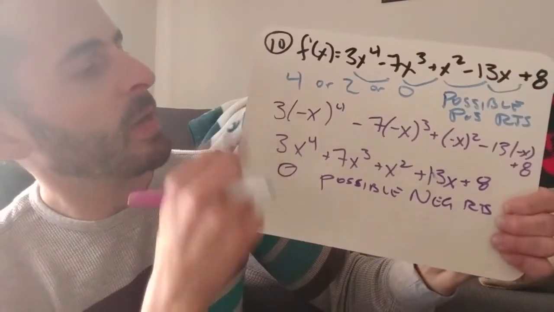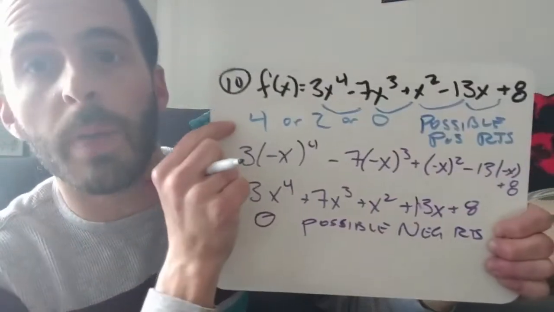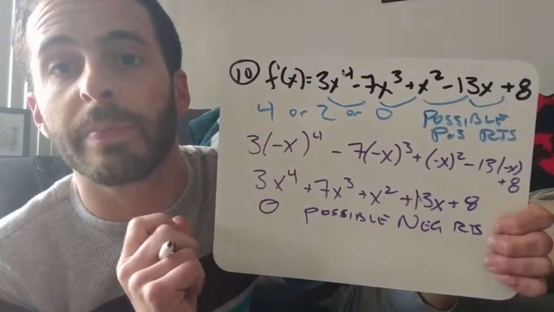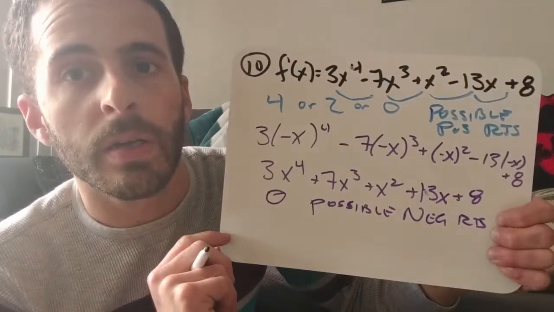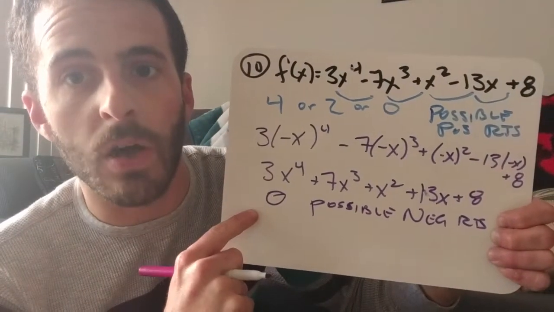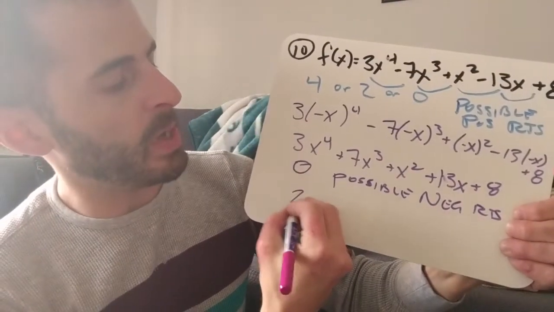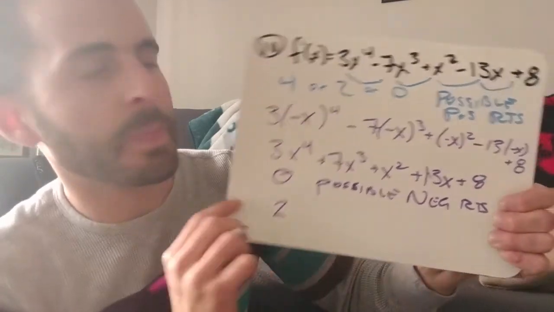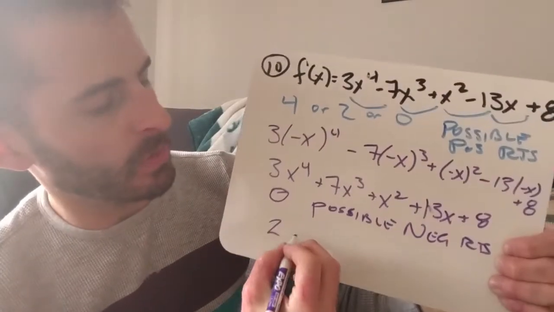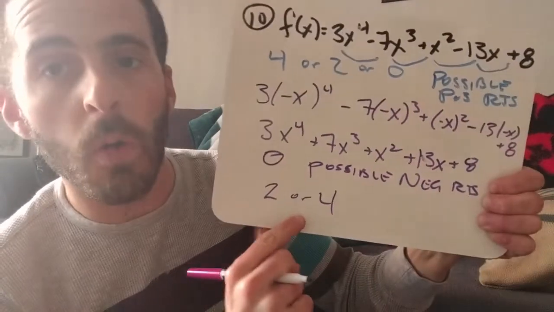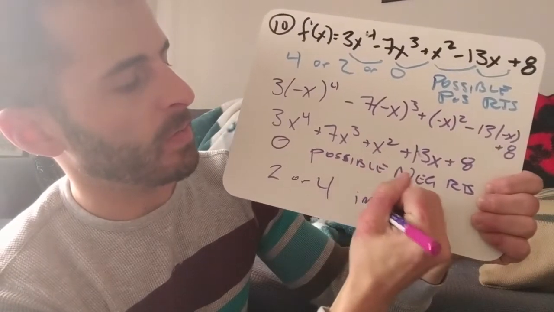All right, now up here, if there are 4 positive roots, that's all of them, right? There's only 4. But if there are 2 positive roots and no negative roots, there could be 2 imaginary roots. If there are no positive roots and no negative roots, there could be 4 imaginary roots.